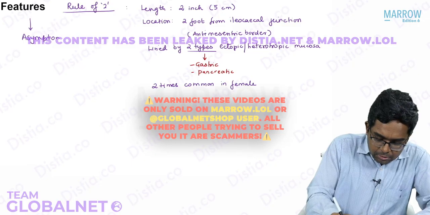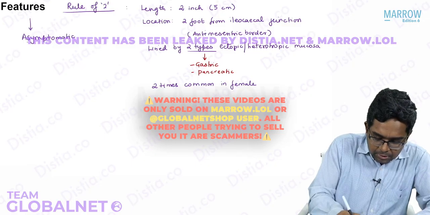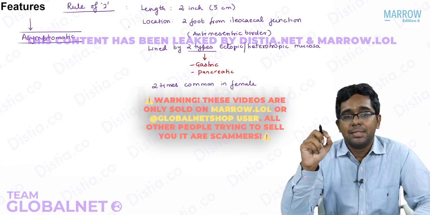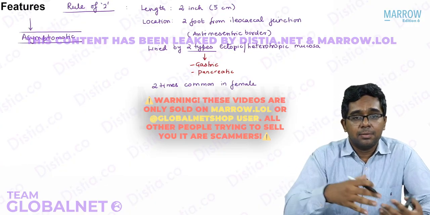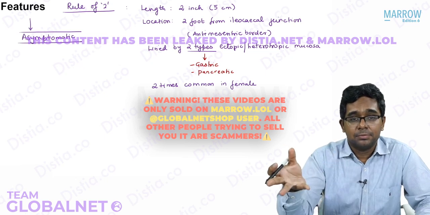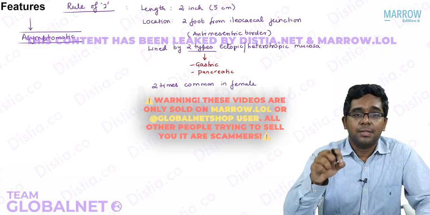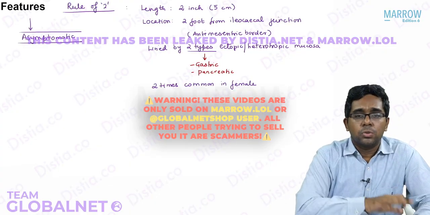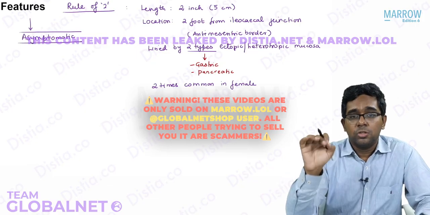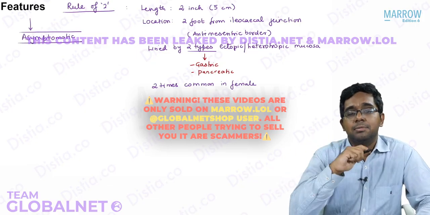The child does not usually present with any features. So more often it is detected as an incidental finding. For example, when you open the abdomen or do surgery in the abdomen for some other reason, at that time you may find the Meckel's diverticulum. So most of the cases are asymptomatic.